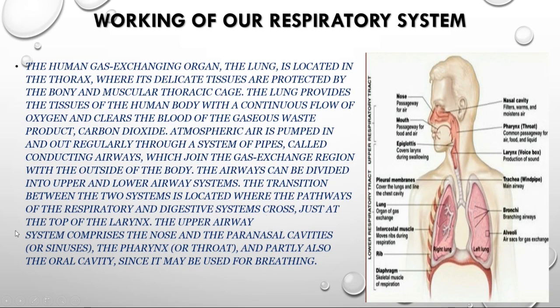The upper airway system comprises the nose and paranasal cavities, the pharynx, which is also known as the throat, and partly also the oral cavity, since it may be used for breathing as well.